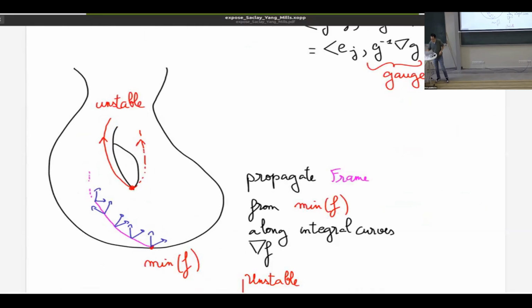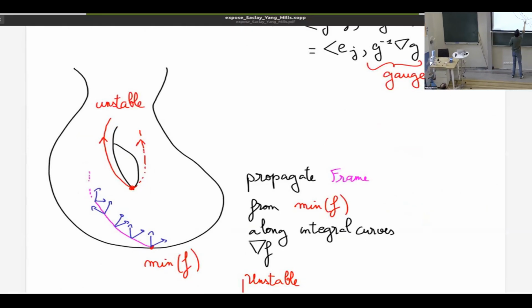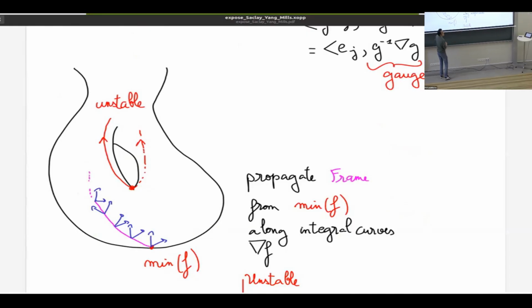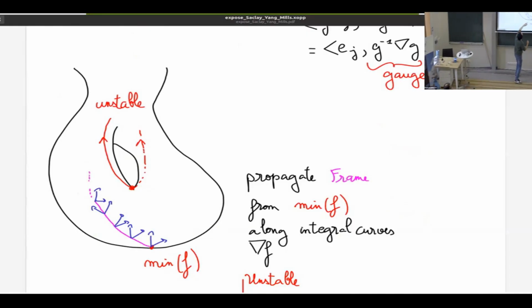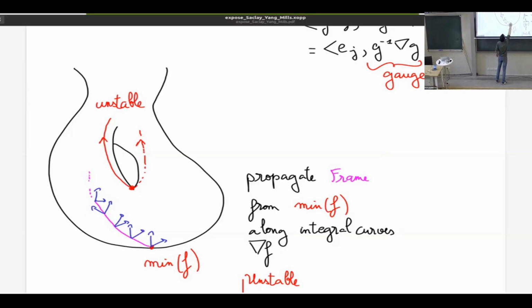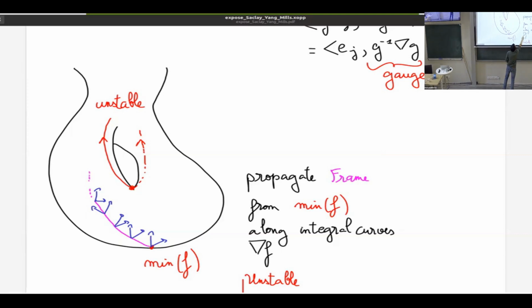Now you consider your surface. You start from the minimum. You take a certain frame at the minimum. Then you use the dynamics of the Morse flow to parallel transport your frame from the minimum to the whole surface using your connection, nabla.